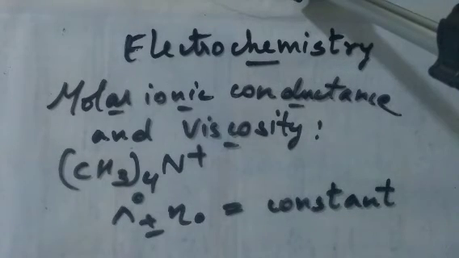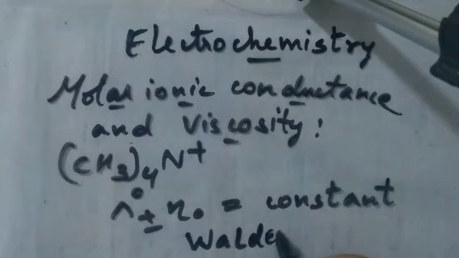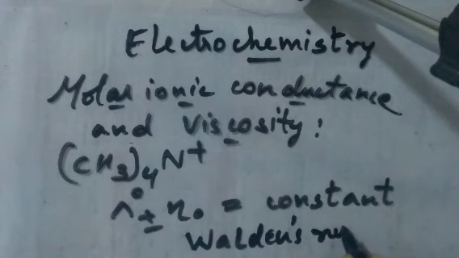So you took this ion and measured the molar ionic conductance, that is this value, in different solvents having different eta naught values. When you multiplied the values, you find that all the products are constant. This law is called Walden's rule, or Walden's law.